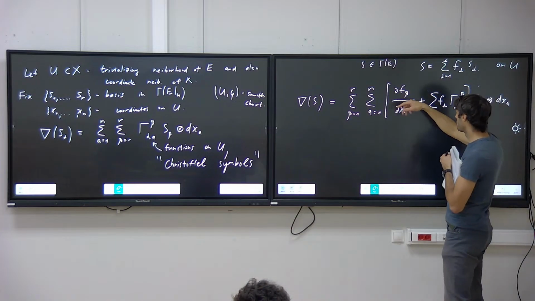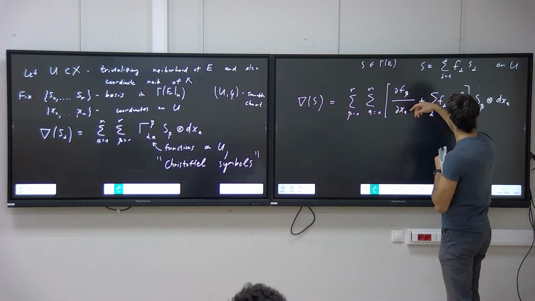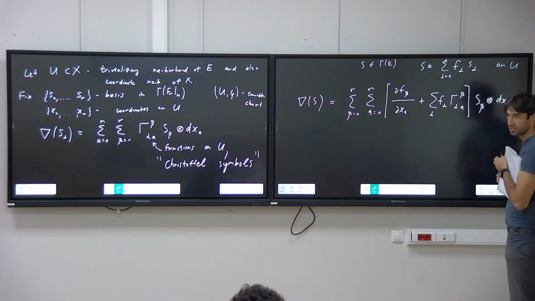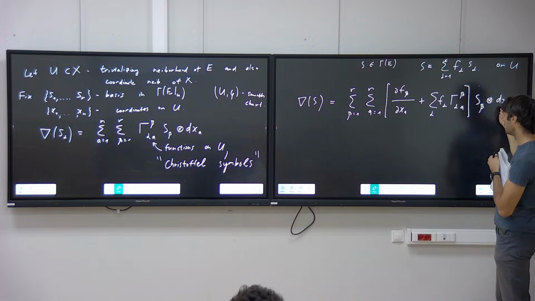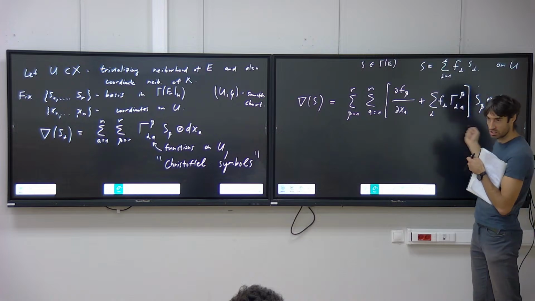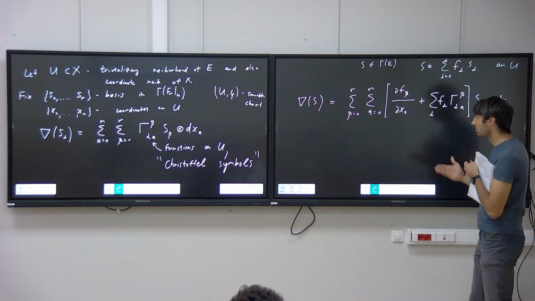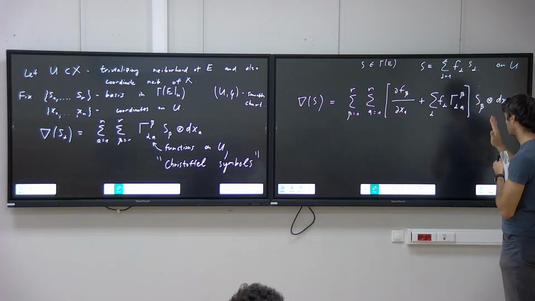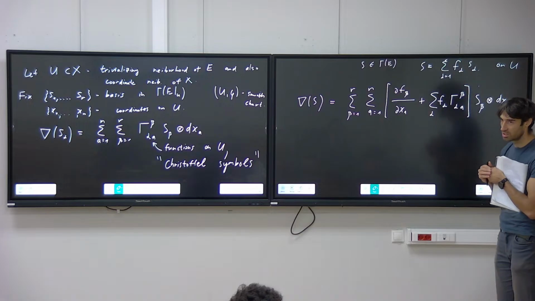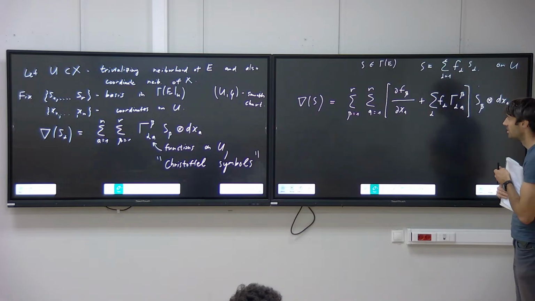And this is another term where I have df, and my df is expressed in terms of this basis dxA. So it should be like that. All indices you can check, but I'm pretty sure they're all right here.